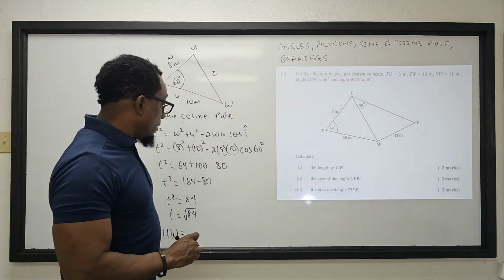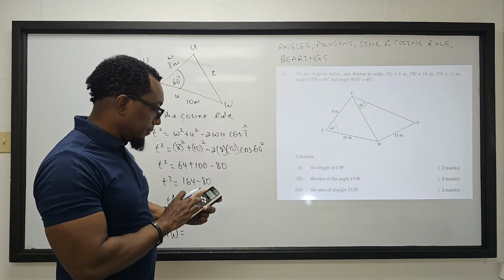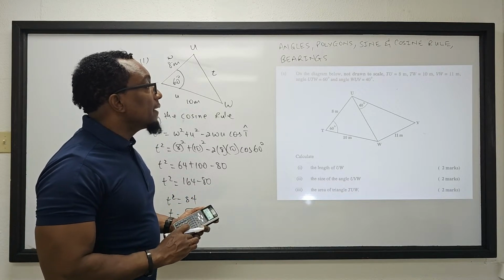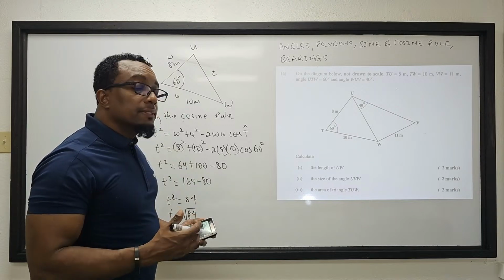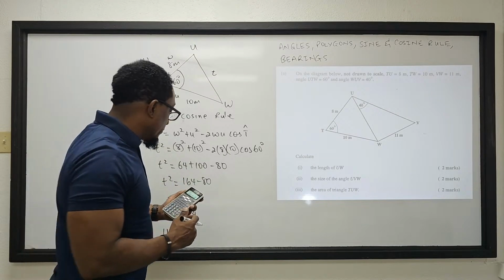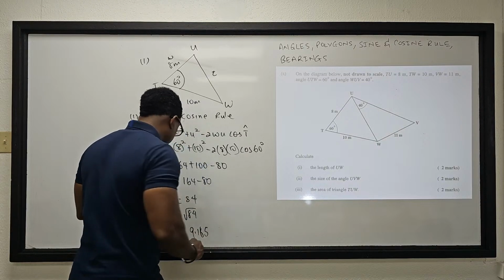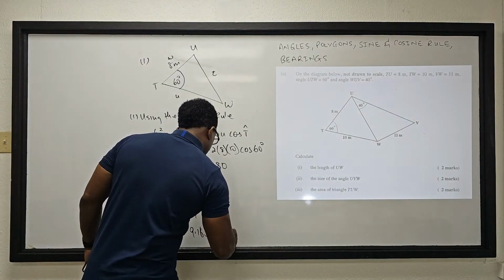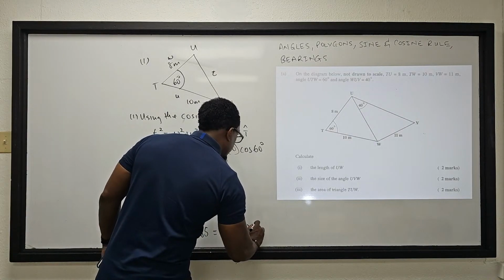UW is also small t, and that is the square root of 84. Did it specify any number of decimal places? No. So what we'll do, we will approximate it to three significant figures. So this is 9.165, and corrected to three significant figures, this is 9.17 meters.